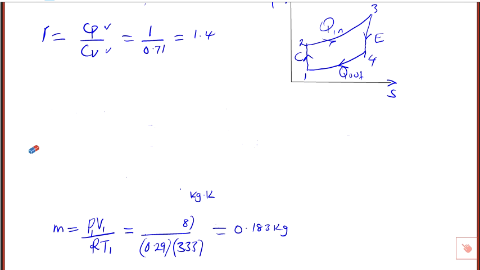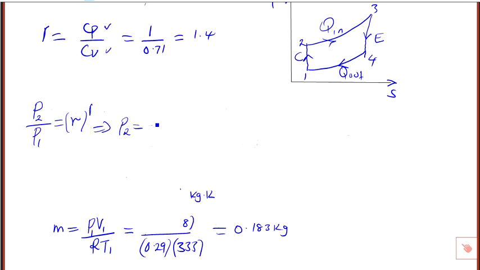If you can recall the previous formula, where I said P2 over P1 is the same as r to the power gamma, from which P2 you can get as P1 times r to the power gamma.